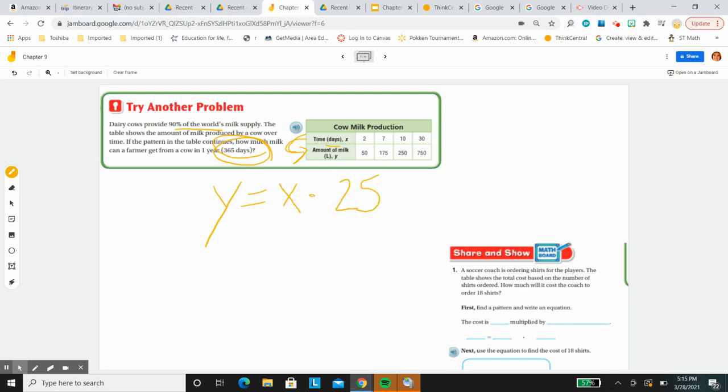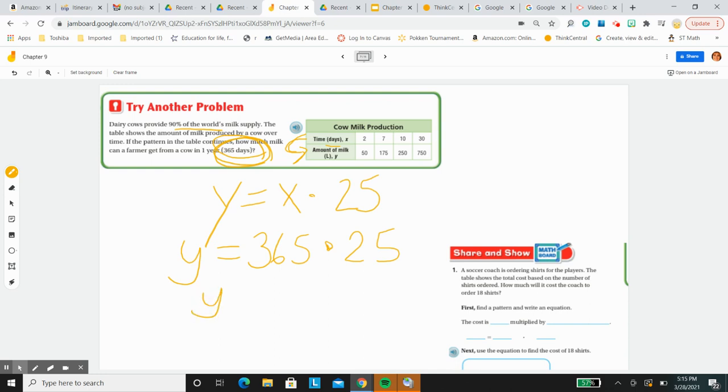Okay? So if I change the time, the amount of days, then I'm going to know what my output is. So my problem says 365 days. So I'm going to take Y, and it's going to equal 365 days times 25. I'm not going to sit and do the math with you today because I don't have time.